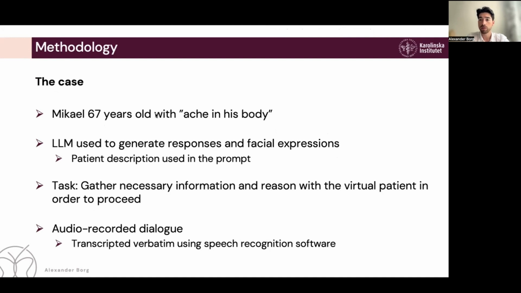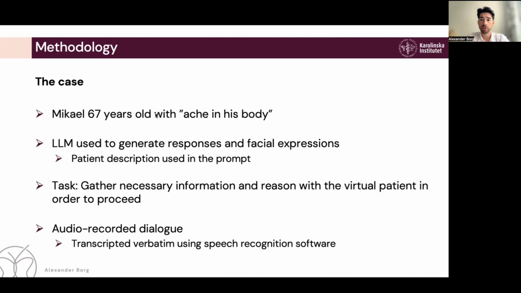We used a large language model to generate responses and facial expressions, and as previously mentioned, the patient description was used in the prompt. The students were asked to gather necessary information and reason with the virtual patient in order to proceed.